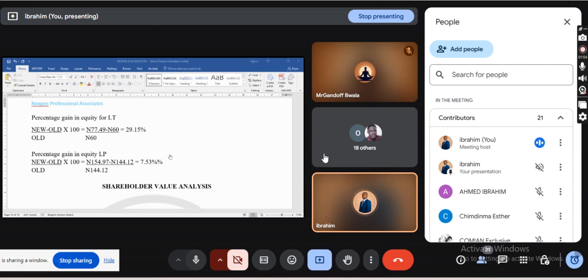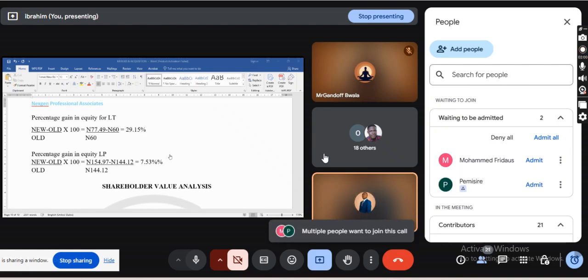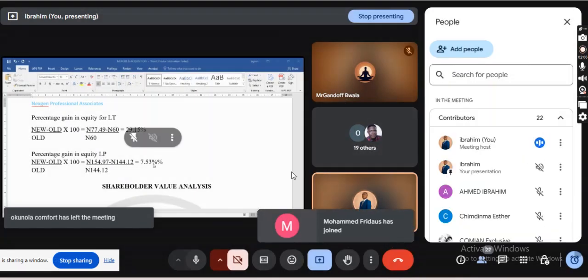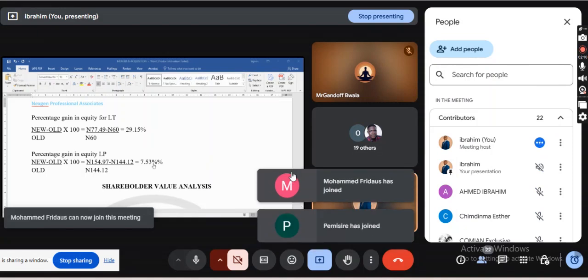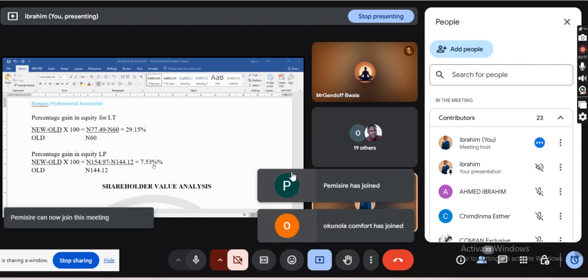An increase in profitability, an increase in cash flow and liquidity, and so on. If you have those signs, it indicates that you are maximizing shareholders' wealth.